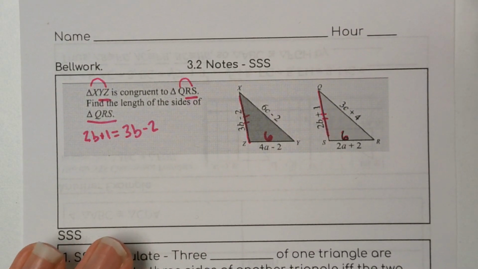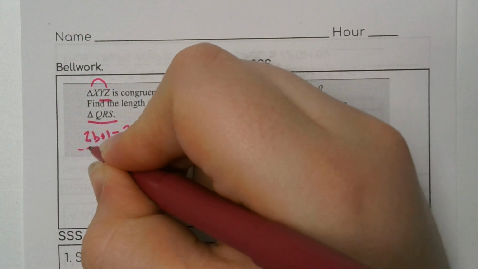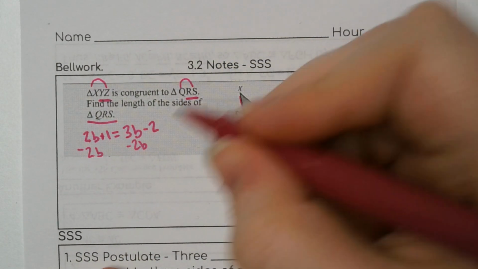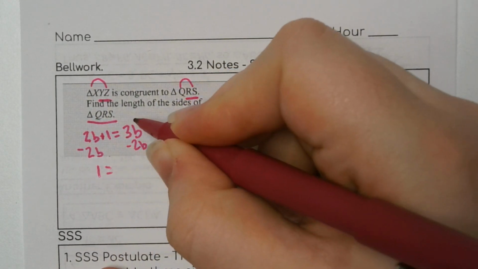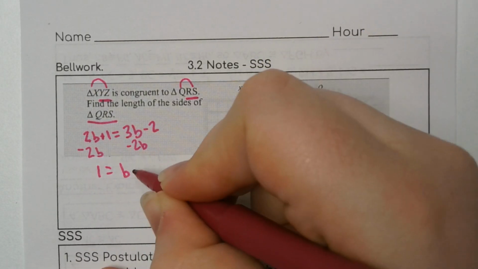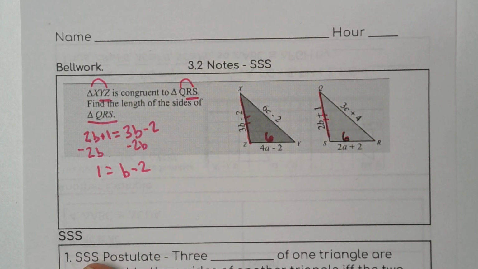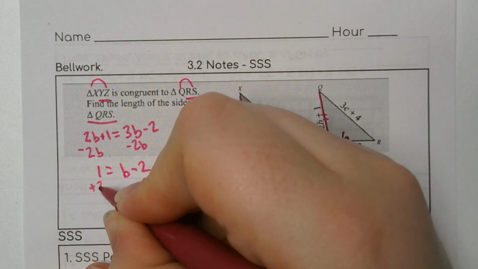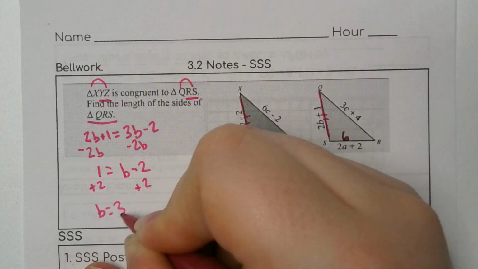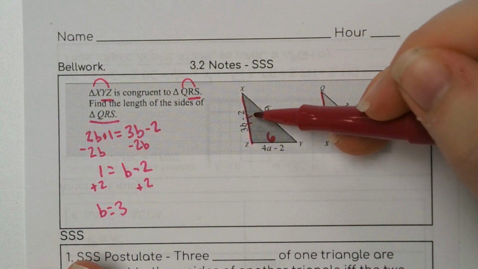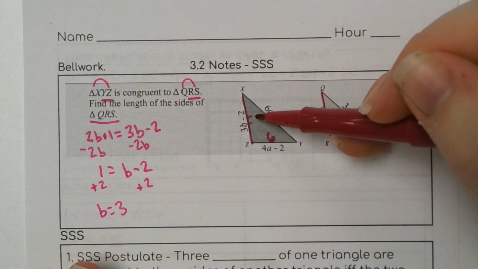So we go ahead and we solve this out. We would subtract 2b from both sides. We get 1 equals 3 minus 2 would be 1b, or just b, minus 2. And then we add the 2 over. So we get b equals 3. Is that the length of the side? 3?